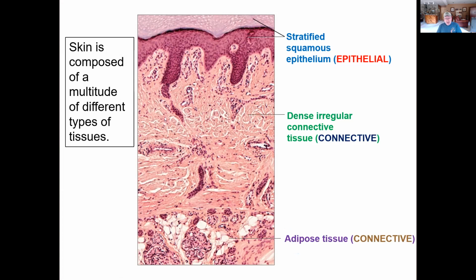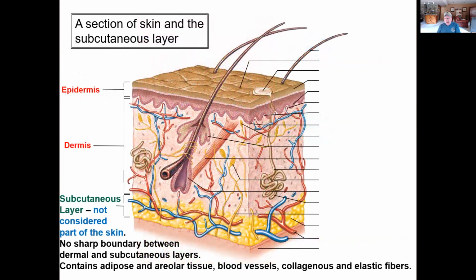So again, if one knows what to look for in a histologic section, and this takes practice and years of experience, but if you can take the time to look and you know what to look for, you can see a variety of different kinds of tissues in a slide like this. Here is an artist's sketch of a little chunk of skin.